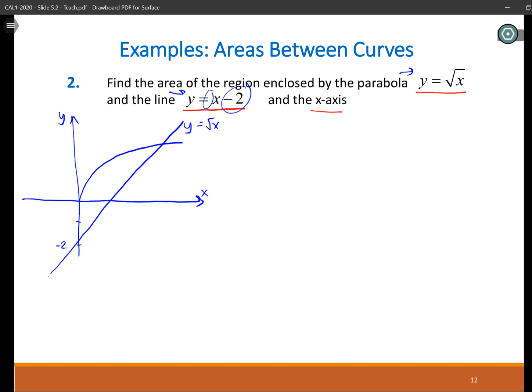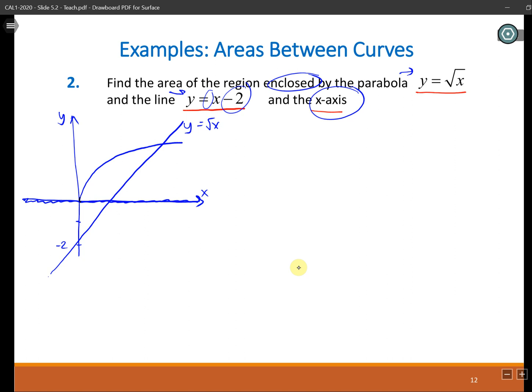Now this is the second line, and the last one is the x-axis, and it's going to be this whole line here. Once we have drawn the curves, then we have to determine the region enclosed by them. By the look of this, I want you to be able to figure out where the region is. First line is this.